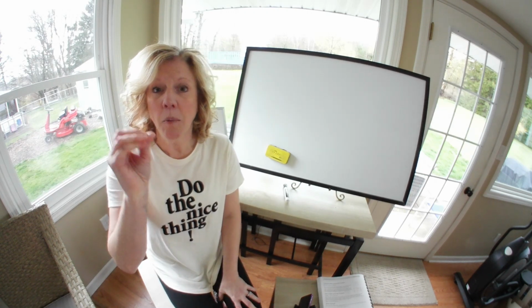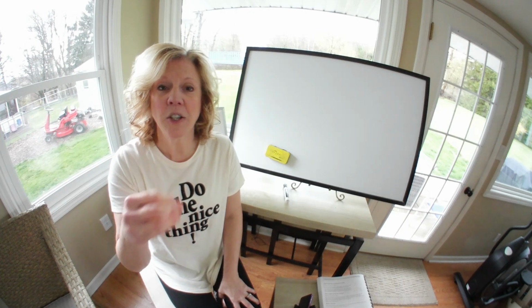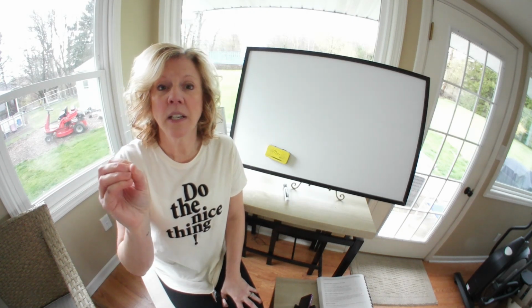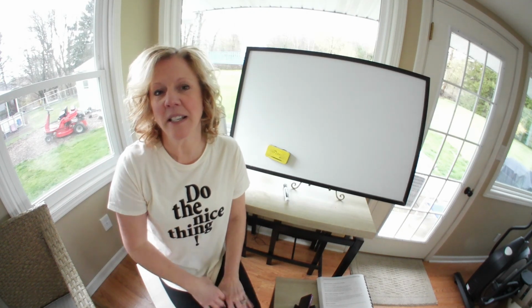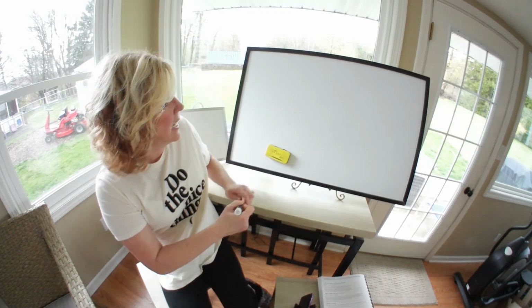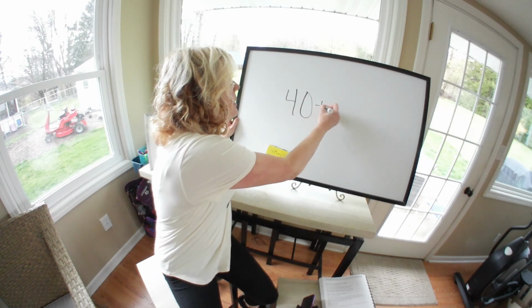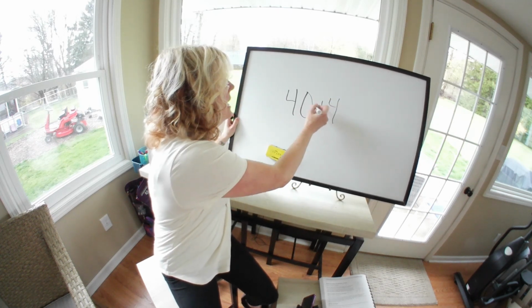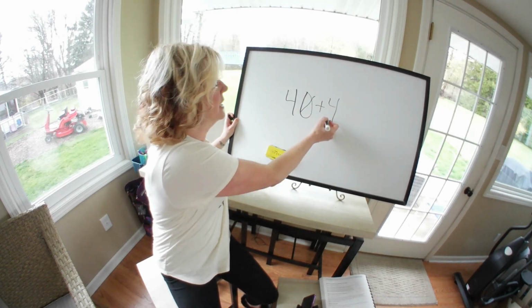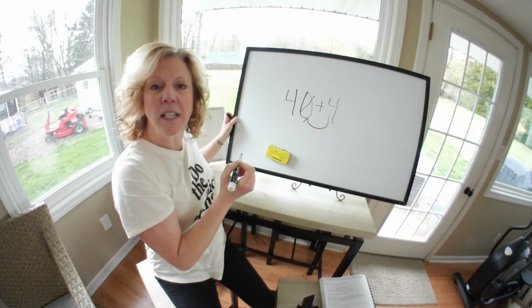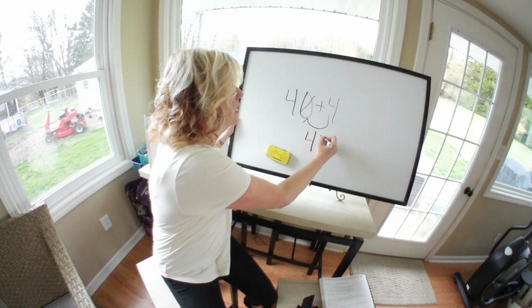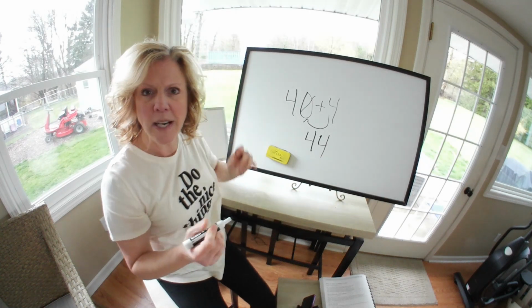Because think about it. Whatever number you're adding to the 10 is going to take the place of the 0 in that 10. So for example, if I had that 40 plus 4, that's not going to be that 0 anymore. This 4 is just going to come right over and take its place to make the number 44. Great job.